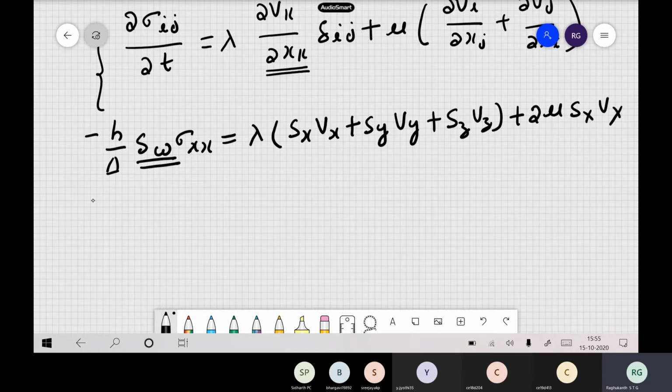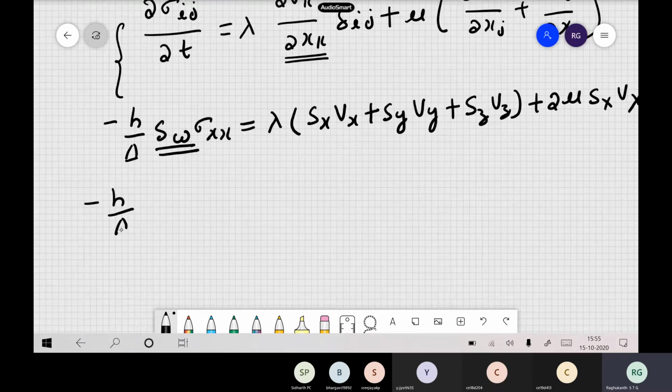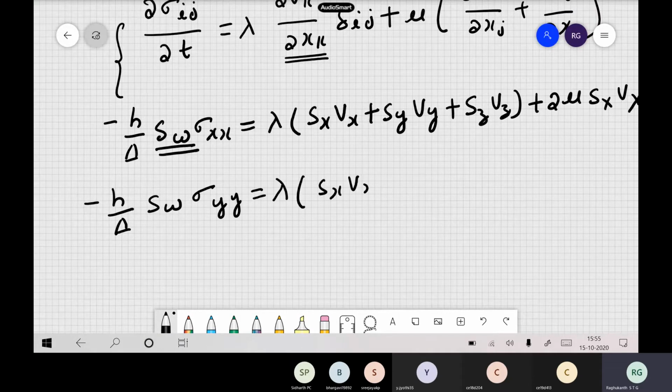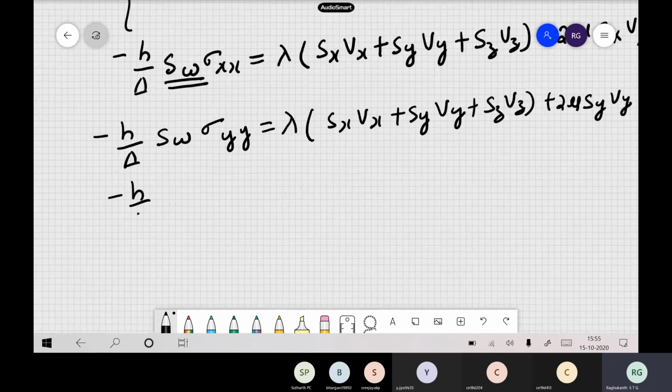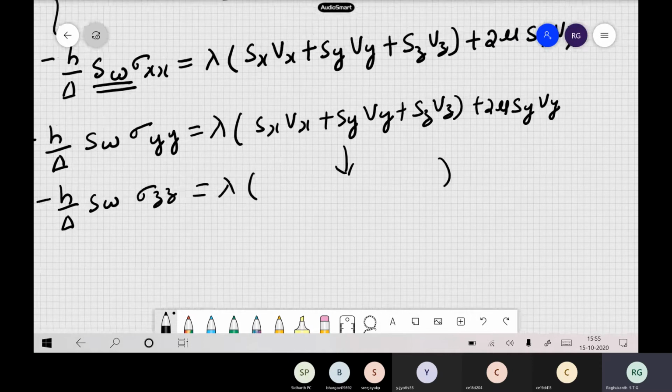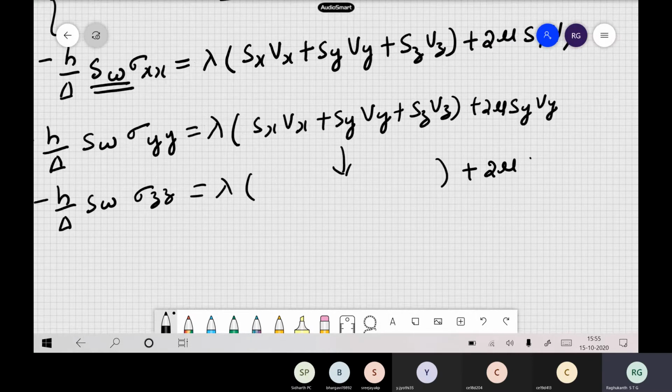So this is the first equation. Similarly, minus h/Δ s_ω σyy: first we are writing for the normal stresses, so this term is going to remain the same, plus 2μ sy vy. Similarly for the third normal stress, σzz, this term remains the same, only 2μ sz vz. So this is the third equation.